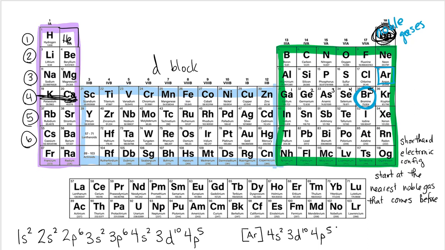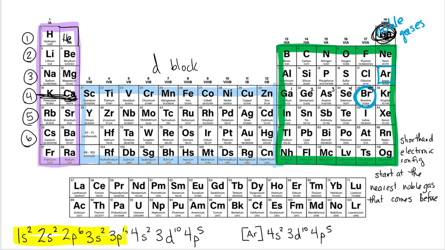All of these are now included in what we just put in the square brackets for argon. So that's the shorthand electronic configuration: the nearest noble gas that comes before, and then you continue on after that.